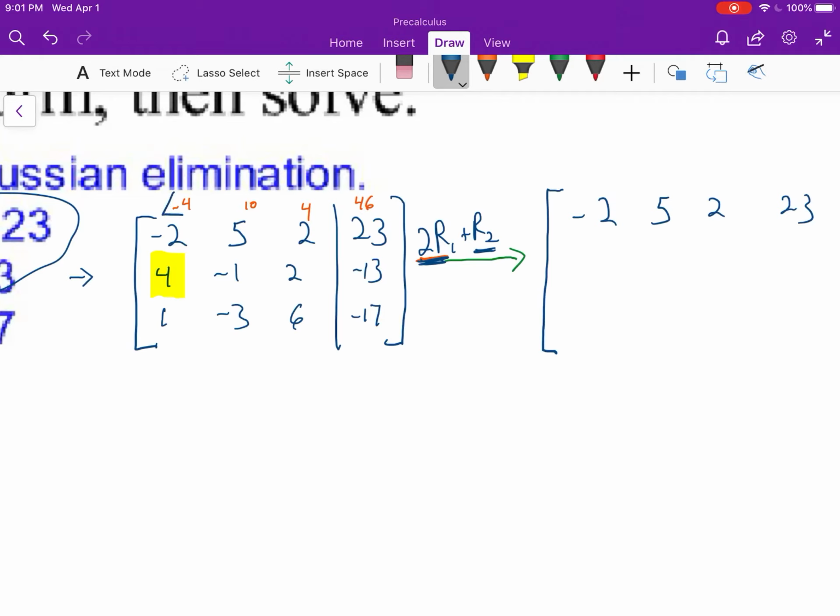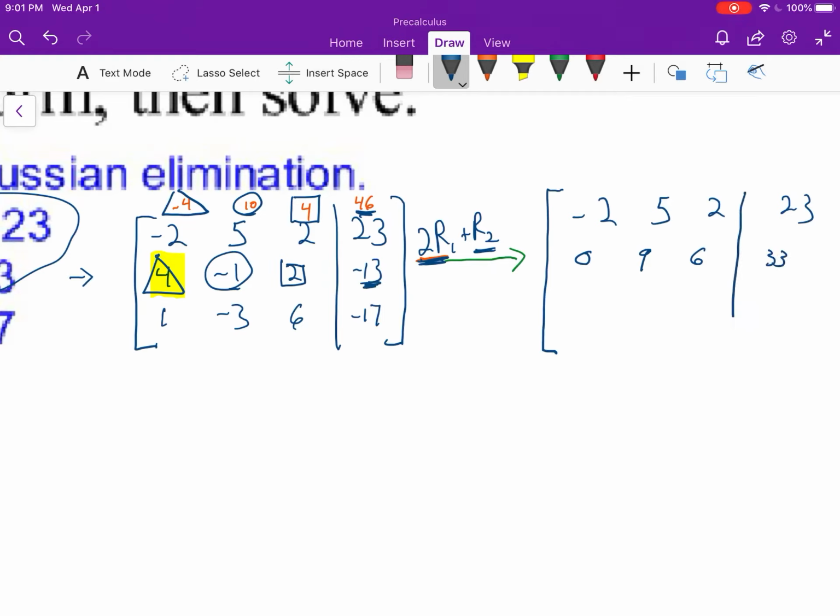So -4 plus 4 is 0. 10 plus -1 is 9. 4 plus 2 is 6. And 46 plus -13 is 33.